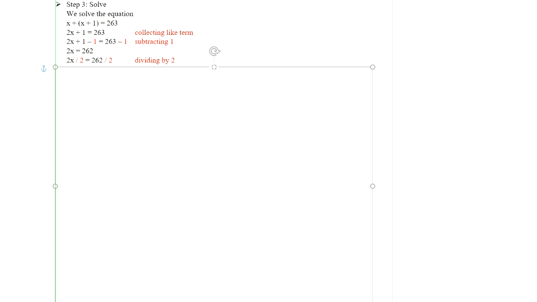Once we divide by 2 on both sides, the 2's cancel out, which leaves x. Then the 262 will be divided in half. So 262 divided by 2 is 131. So now we have our x, which is our variable 1.